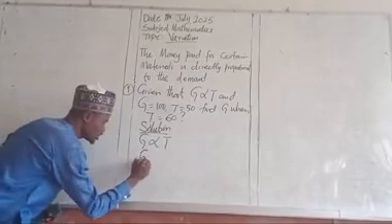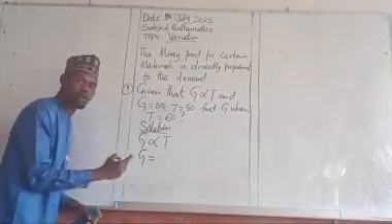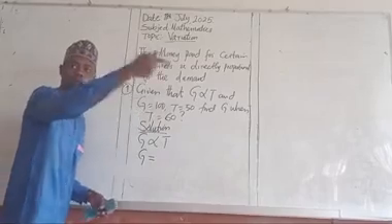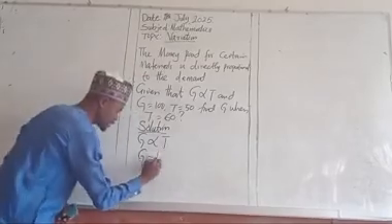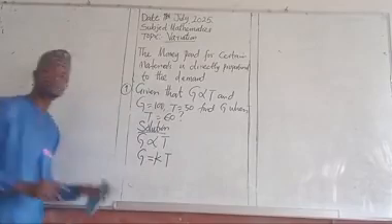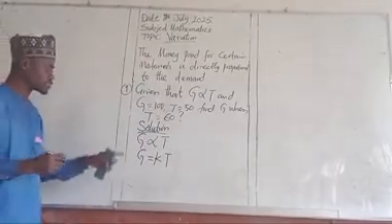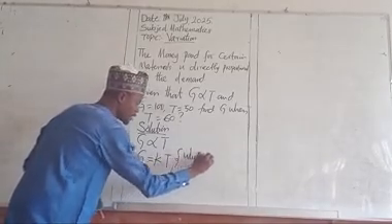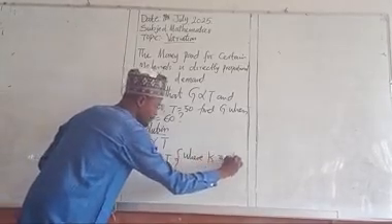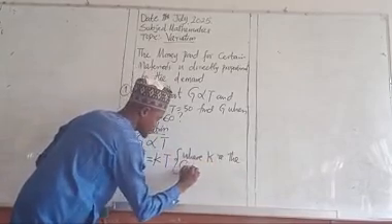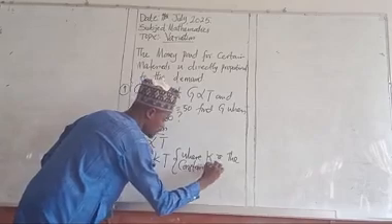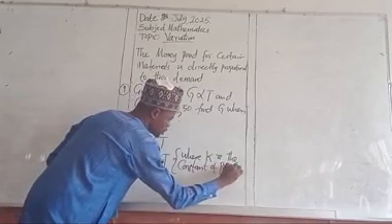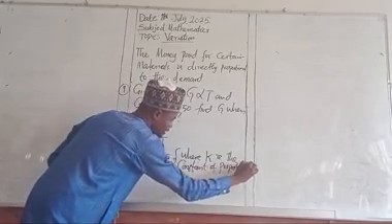Now you say G is equal to, you introduce the constant of proportionality, which is K, then T. Immediately you indicate K, you open bracket and say where K is the constant of proportionality.